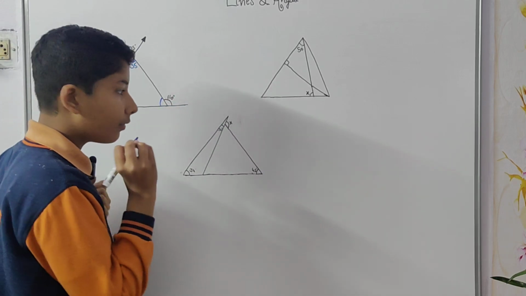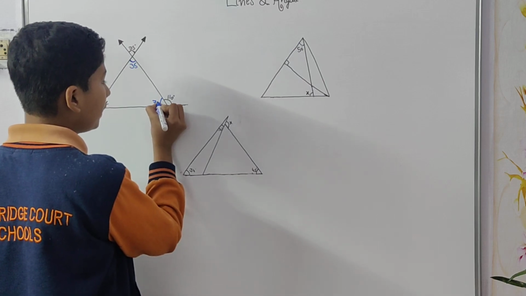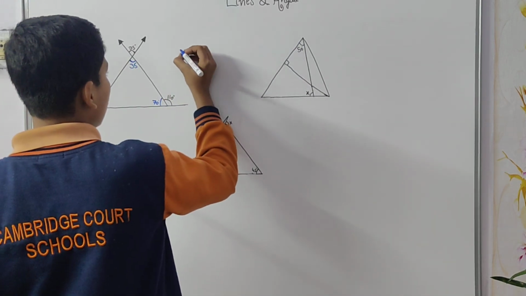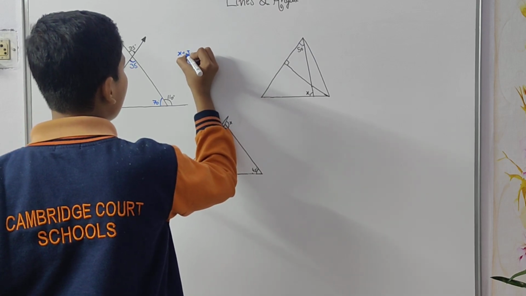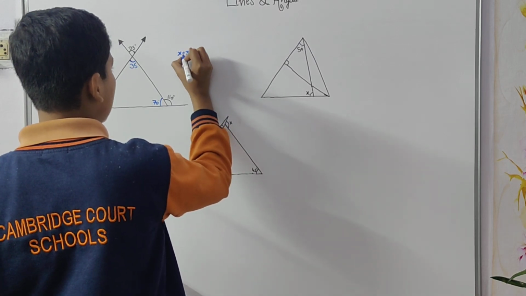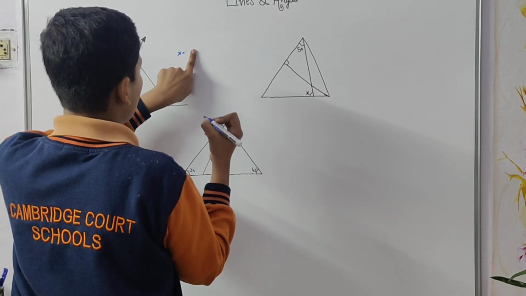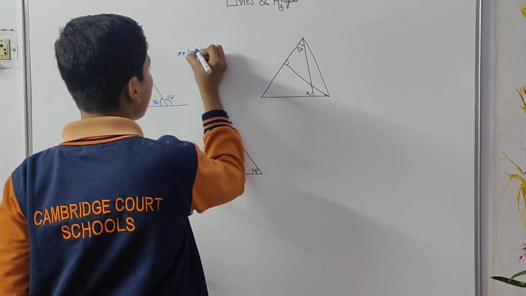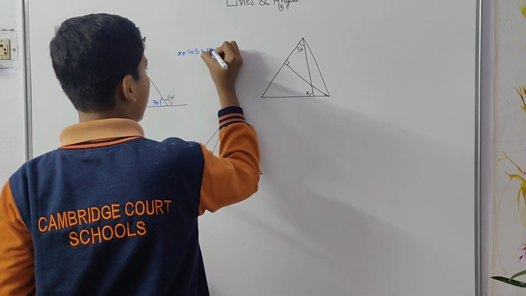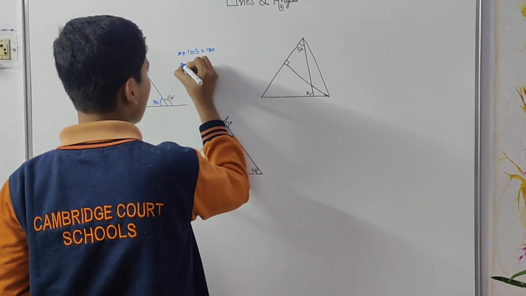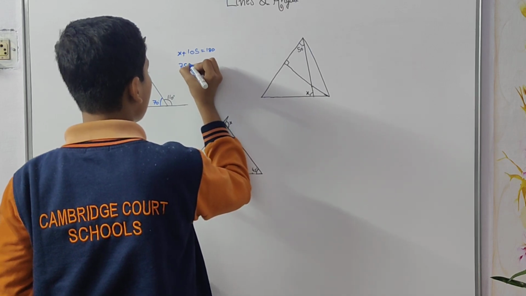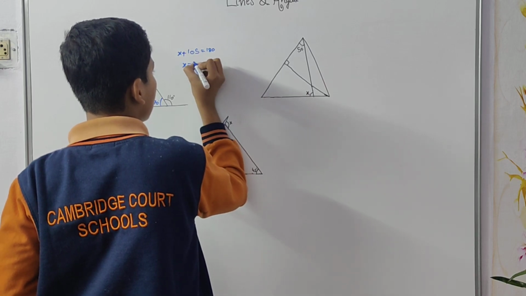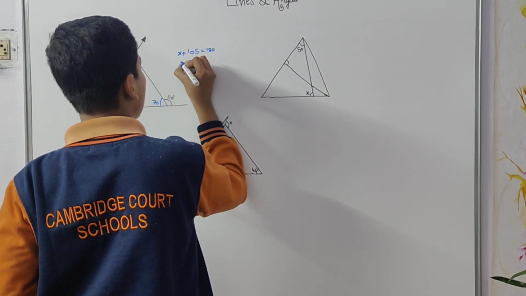So by linear pair we can find out this will be 70 degree. Now to find x: x plus 35 plus 70, 35 plus 70 is 105, equal to 180. So x equal to 75 degree.